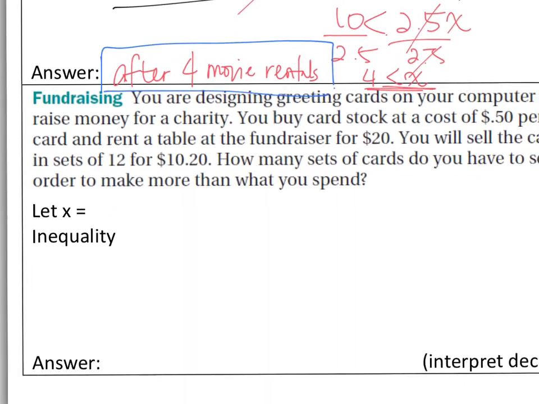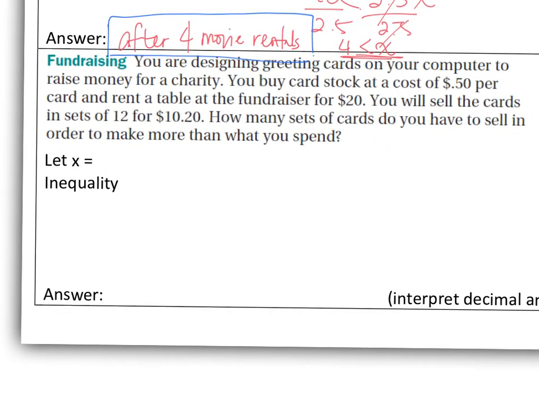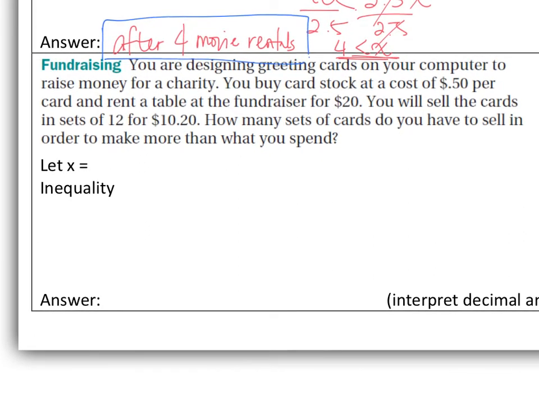Okay, let's take another look at another word problem. Fundraising. You're designing greeting cards on your computer to raise money for a charity. You buy card stock at a cost of 50 cents per card and rent a table at a fundraiser for $20.